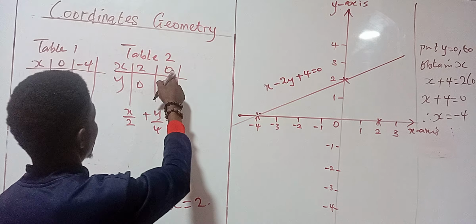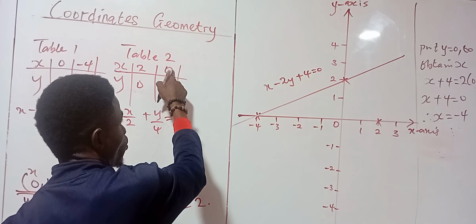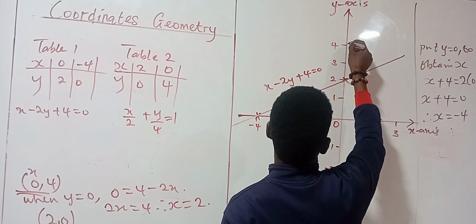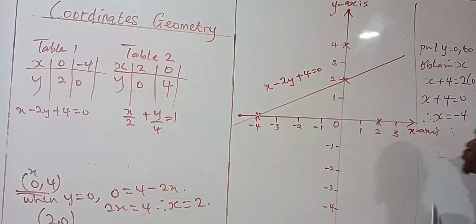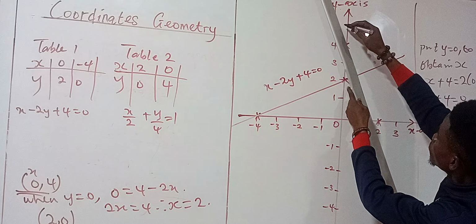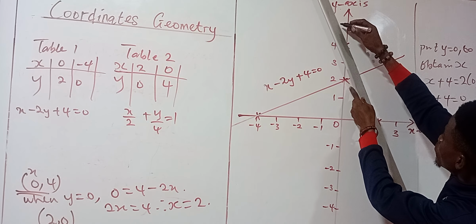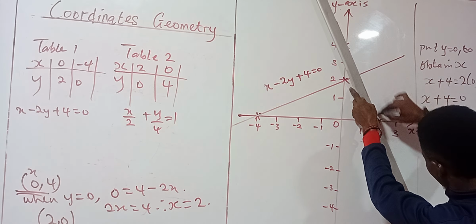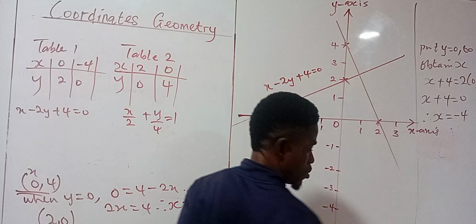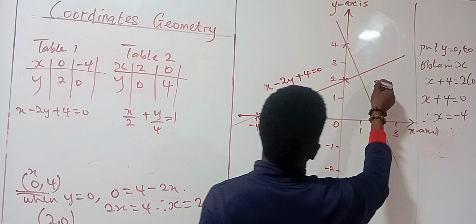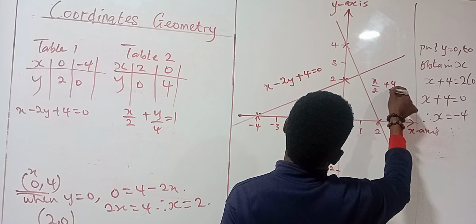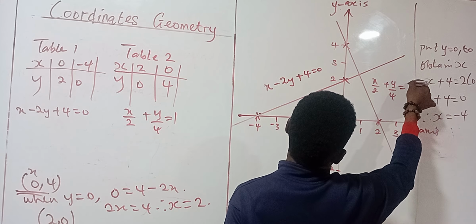Then when x equals 0, y is plus 4. So for equation 2, we have x divided by 2 plus y divided by 4 equals 1.